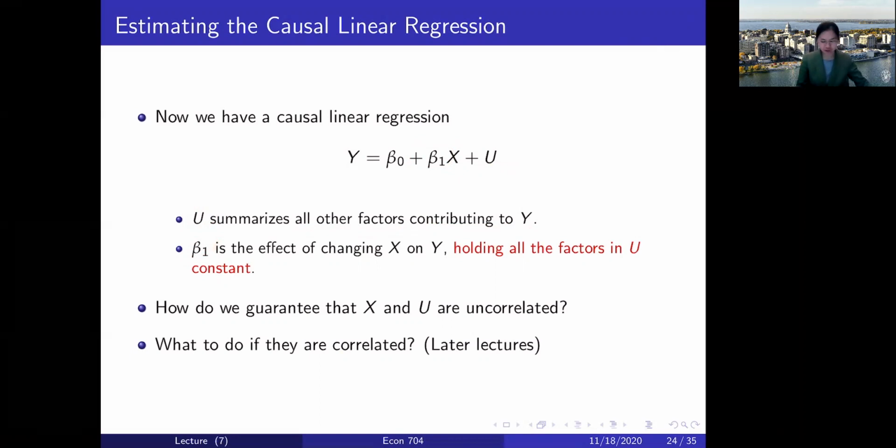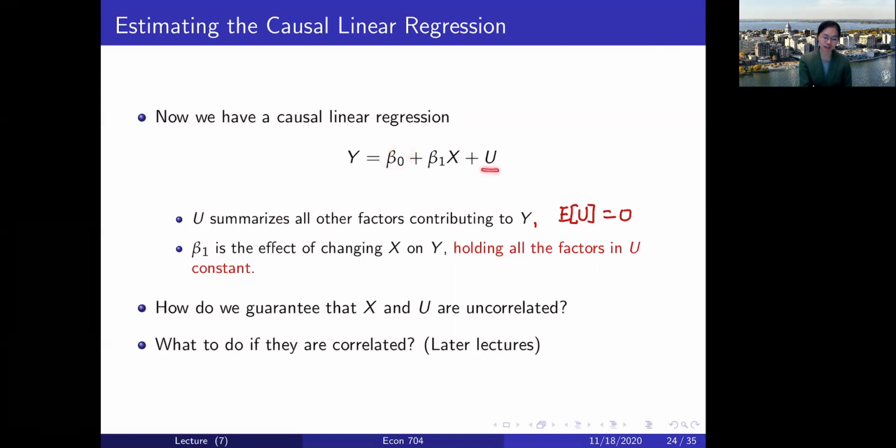Now that is our causal regression equation. How do you make sure that assumption A1 holds? How do you make sure that X and U are uncorrelated? So we normalize U to have mean 0, which is a normalization because we include an intercept in the model.